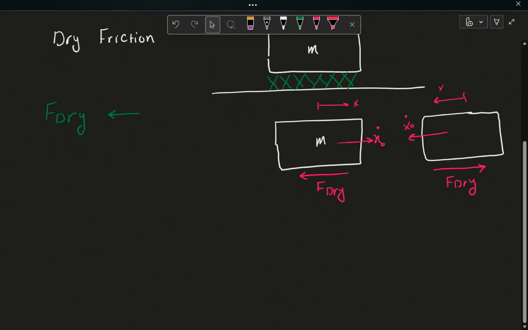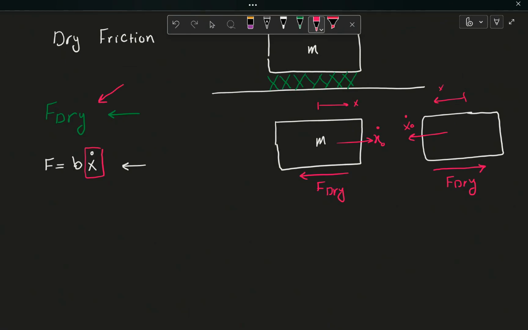Now, you might ask yourself why this is nonlinear. Let's compare this model with F equals B x dot, which was the viscous model. In the equation for a viscous damper, you notice that you have a very valuable component, which is the velocity. The velocity is directly incorporated in this equation. Whereas in F dry, the velocity is not incorporated.